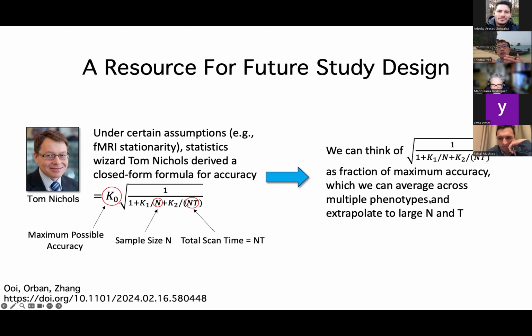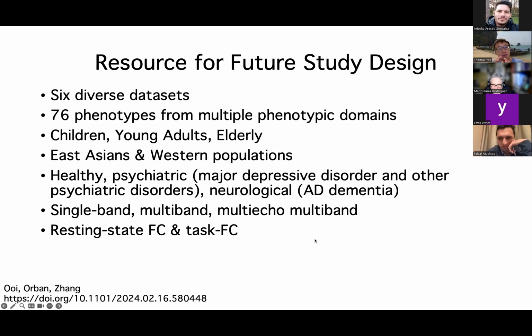To do this, we can think of the square root term as a fraction of maximum accuracy, which we can average across phenotypes and extrapolate to different sample size n and scan duration t. To create this resource for future study design, we consider 6 data sets.